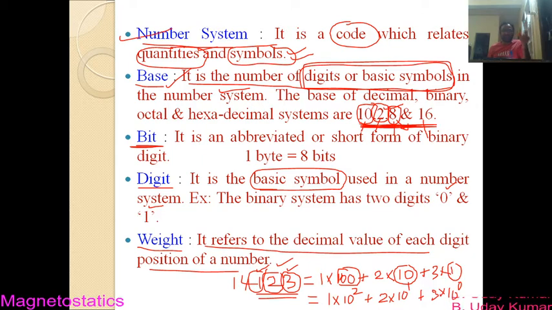This weight we call the position value of the digit in the number. So depending on the position, the digits will have their own value, which we call weight. I hope it is clear to you.